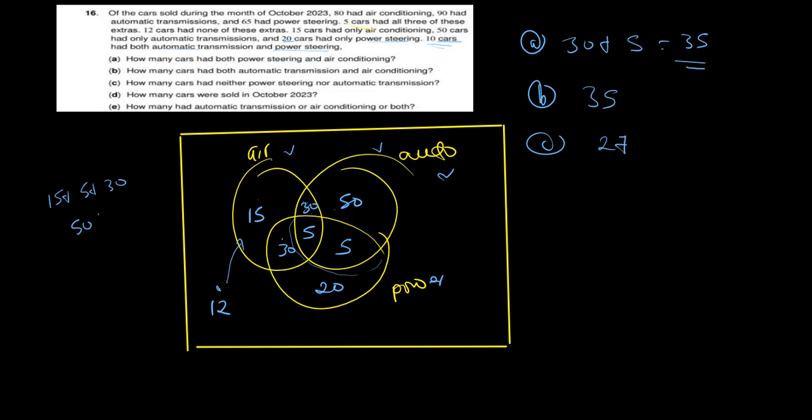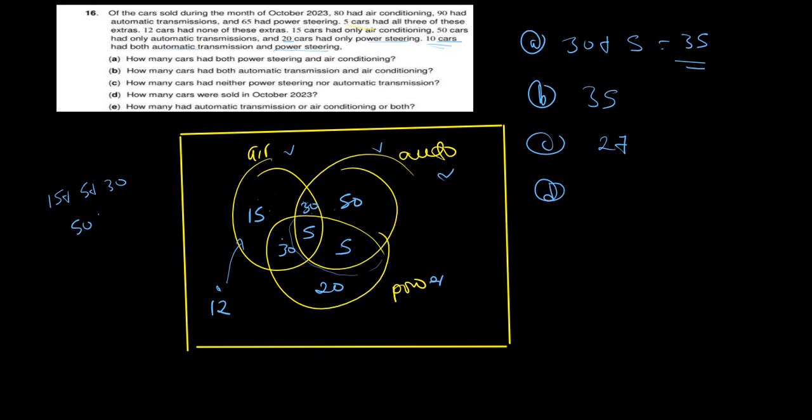Okay, then D, how many cars were sold in October? So when you add everything here, let me add 12. The question was on the cars sold during the month of October. This one, 8 had this, everything like that.